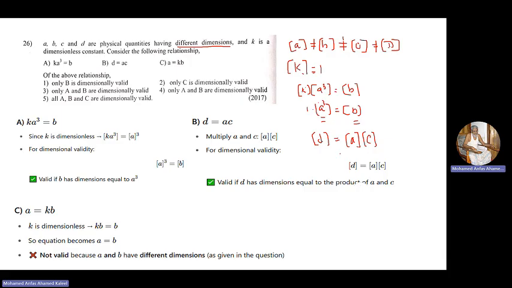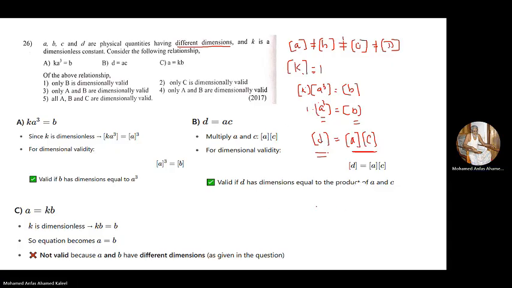It can be valid if D's dimension equals the product of A and C. So the first and second can be valid because they satisfy the conditions we have derived.